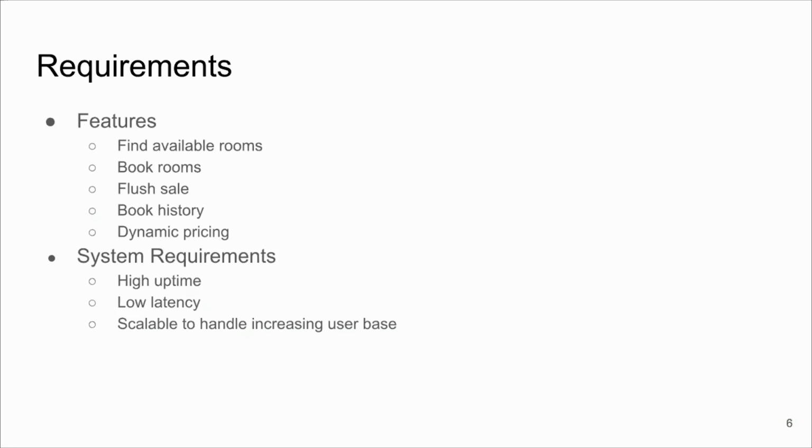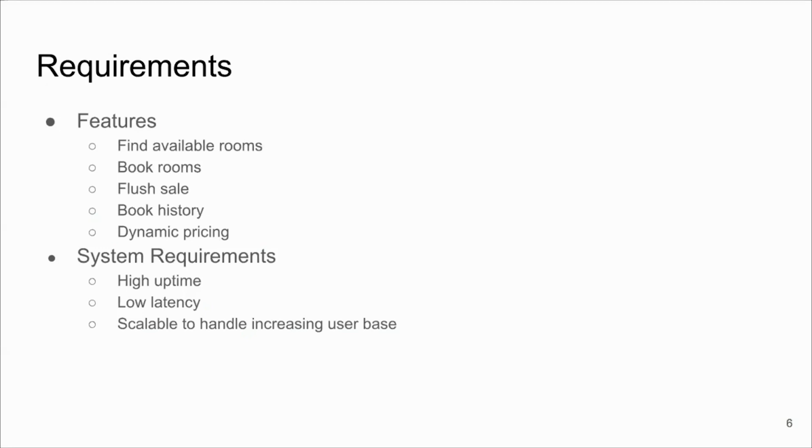More important, sometimes they want to do dynamic pricing, because on July 4th, people want to go to certain places, and if a place becomes hot, they will track the demand and supply and adjust the price dynamically so that they can get a better return on the hotel rooms.